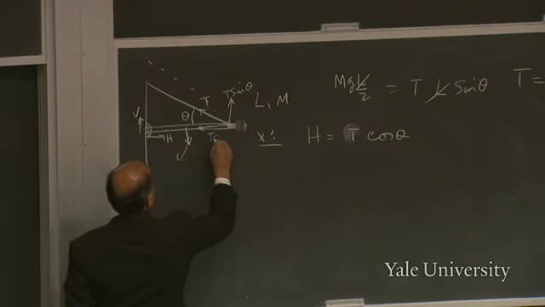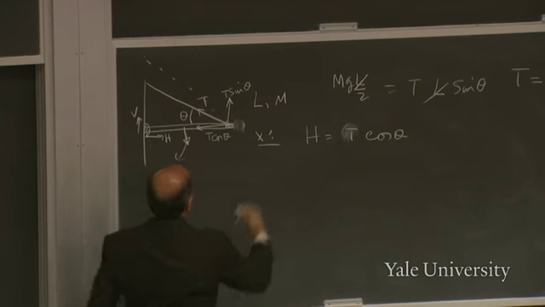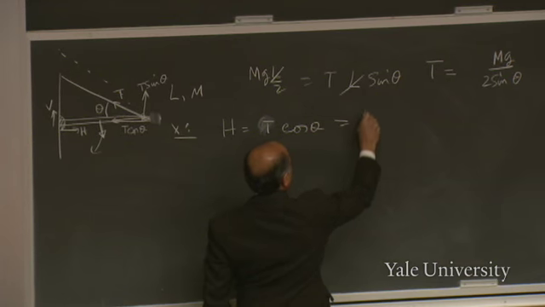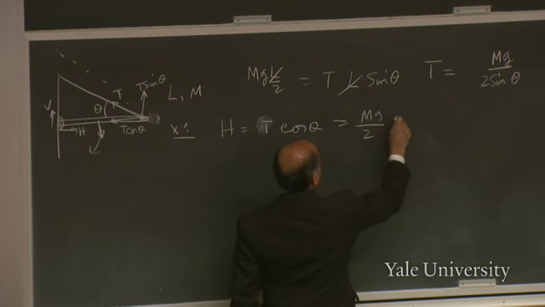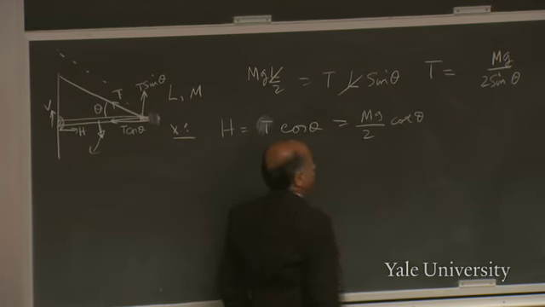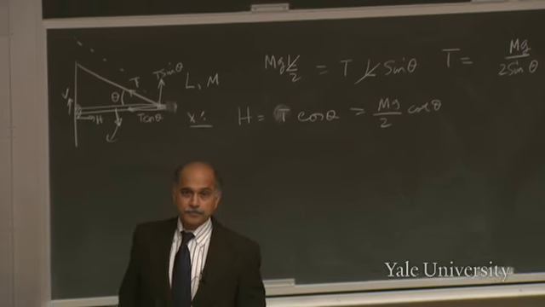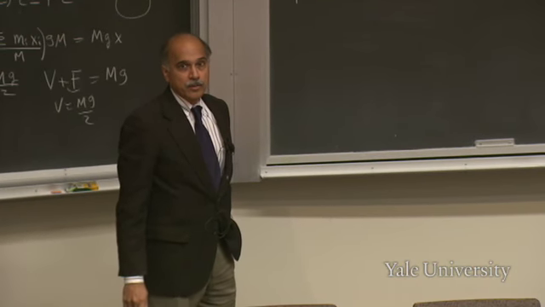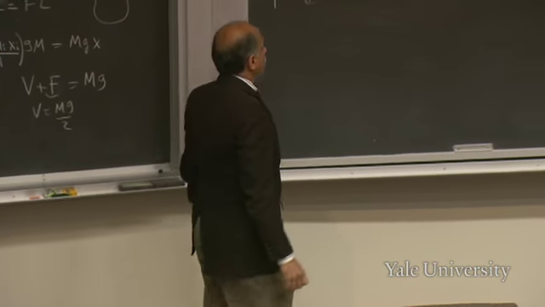T cosine theta is pushing in, so the wall should push out. Now I know the value of T, I put that in: mg over 2 cotangent theta, because that's cosine over sine. So that's the horizontal part.